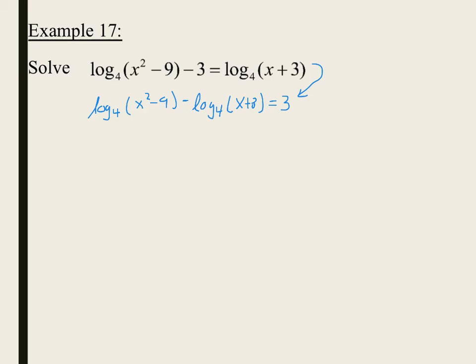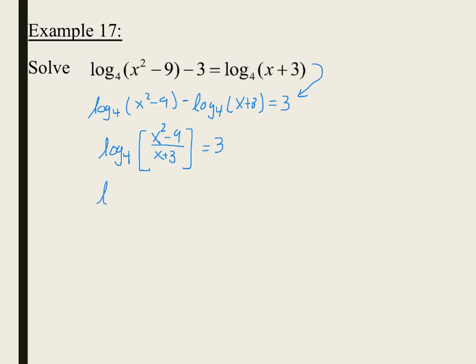And now I can use the quotient rule for logarithms. So now I have log base 4 of (x squared minus 9) over (x plus 3) is equal to 3.